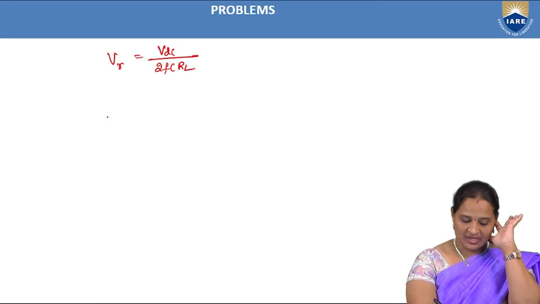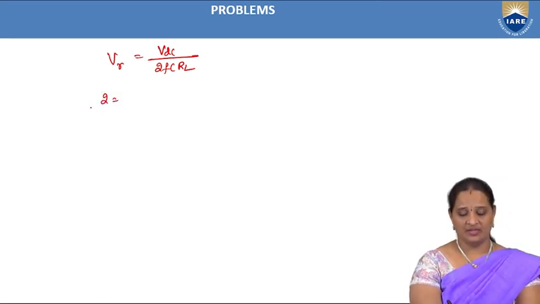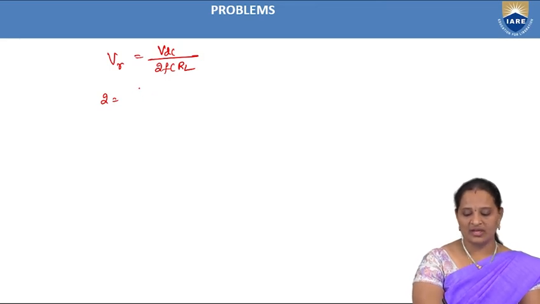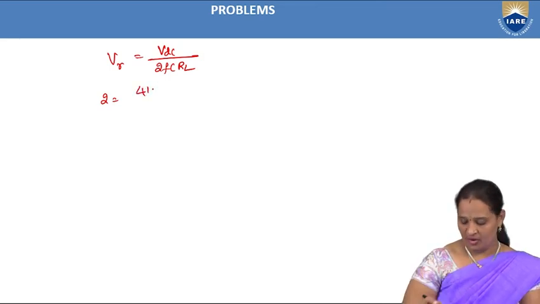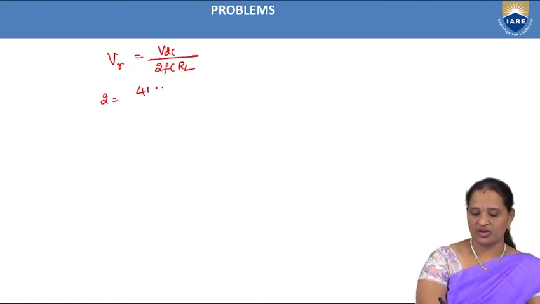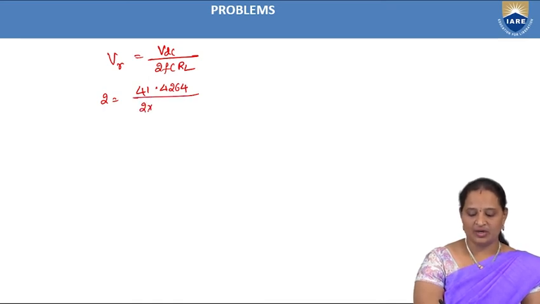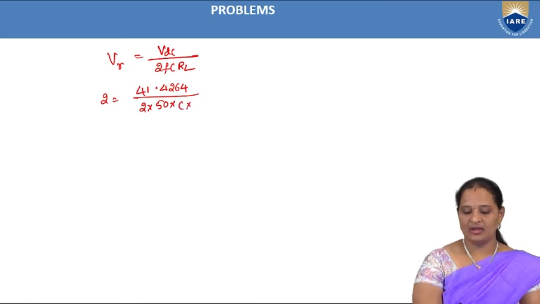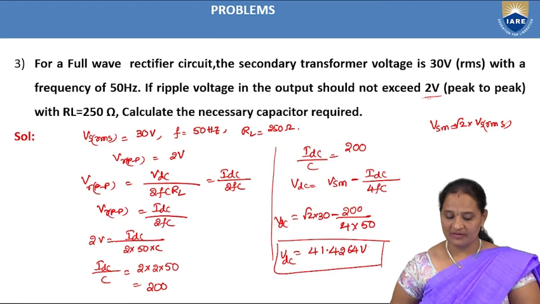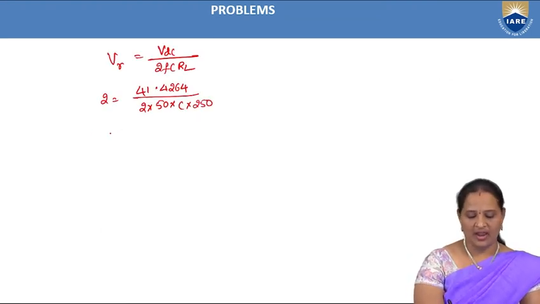So now substitute the values: the ripple voltage 2 is equal to the VDC value we just calculated, 41.4264, divided by 2 into F, which is 50, into C, which I have to calculate, and the RL value, which is given, that is 250.